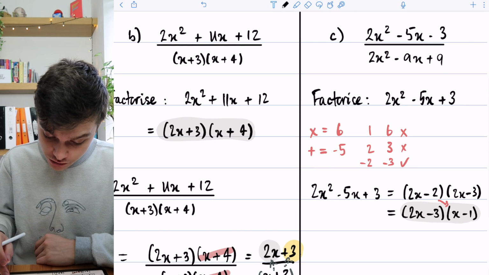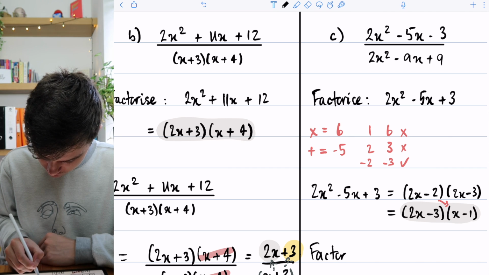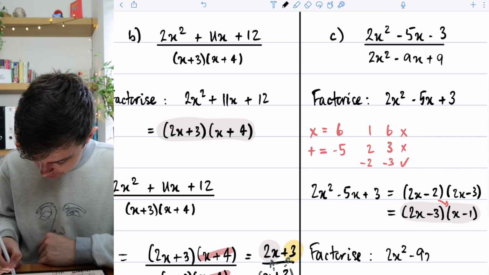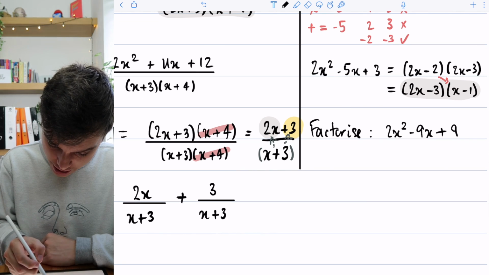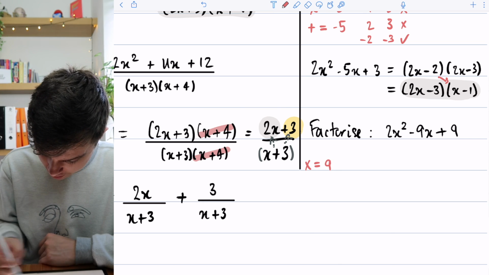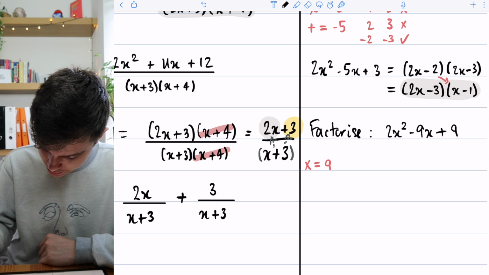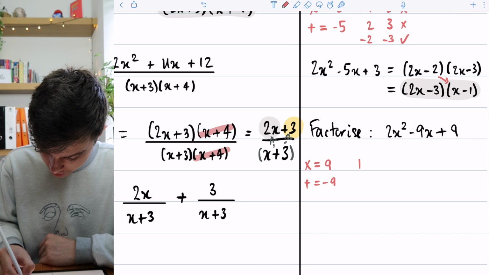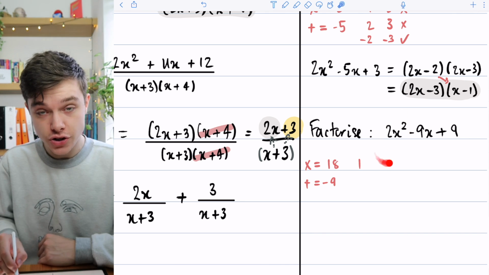And on the bottom, we need to factorise again, we need to factorise 2x squared minus 9x plus 9, okay? So if we factorise that, we need two numbers that times to give me 9, and I'm just going to expand this down here, and that adds to give me minus 9, so 1, and sorry, times to give me 18, not 9, we need to multiply with the 2.